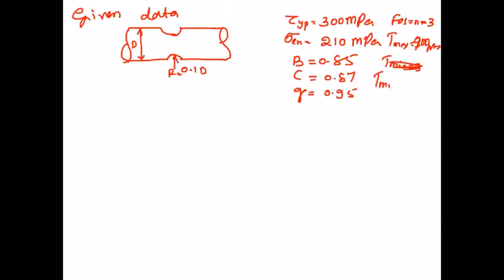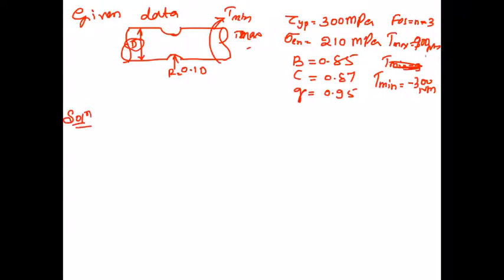So we need to find the diameter of the shaft which fluctuates between the torques T minimum to T maximum. Clear. So now let us go for the solution.